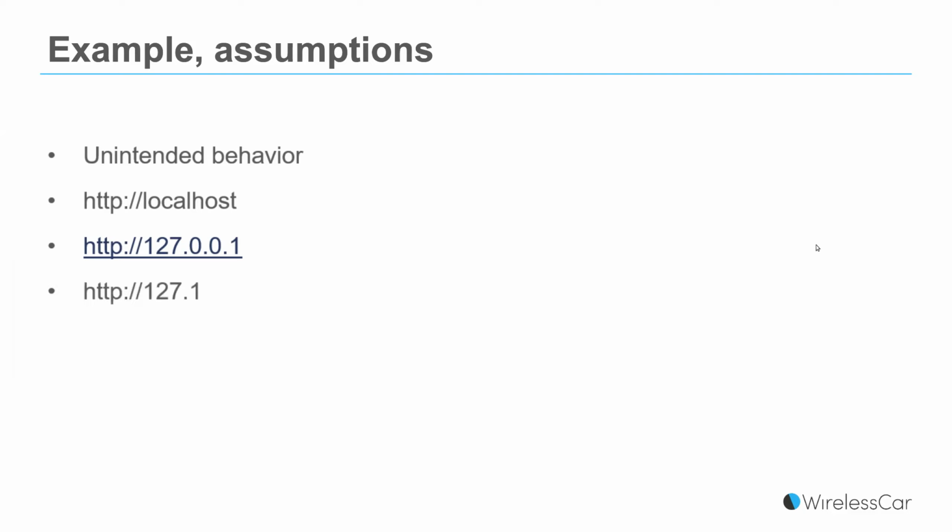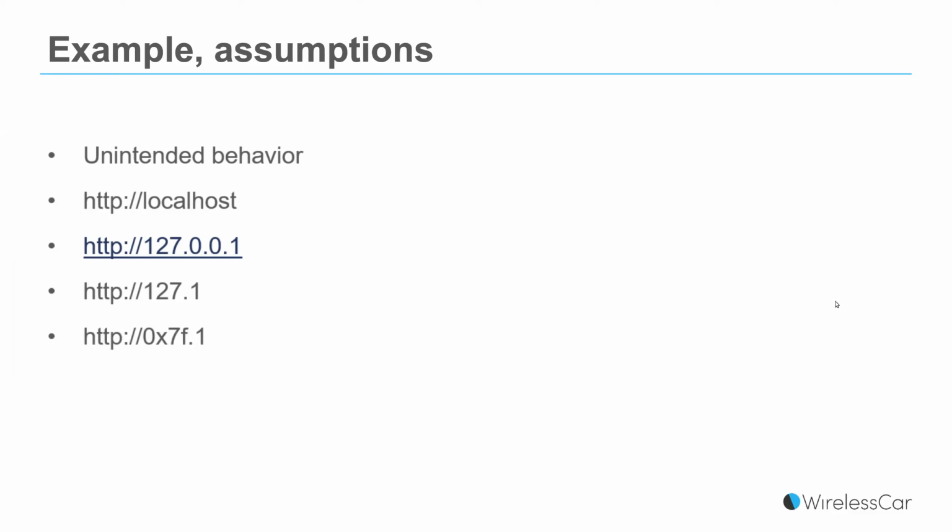Did you know that you can omit the zeros? If you have an assumption and if you don't test for this, this is valid behavior. So other integrations might have these functionalities to work with this.